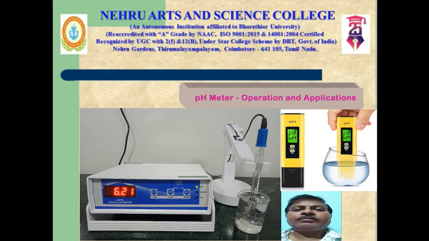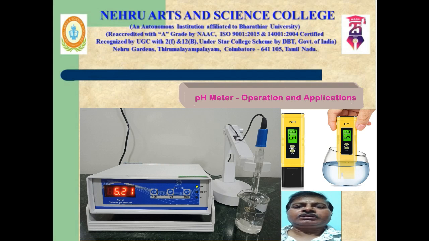So pH meter is a very important instrument used for the measurement of pH of a given solution. So what is this pH? pH is a very important parameter, and that is going to help a lot to find out the hydrogen ion concentration of a solution.